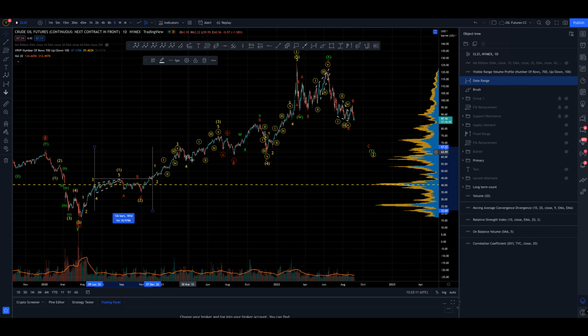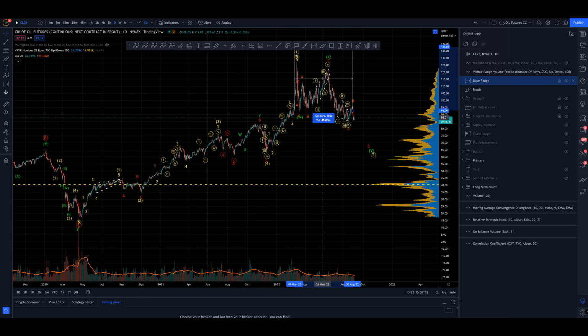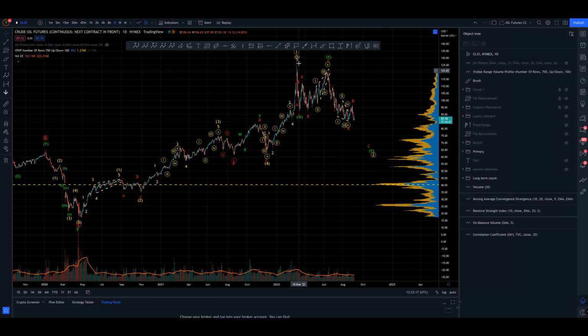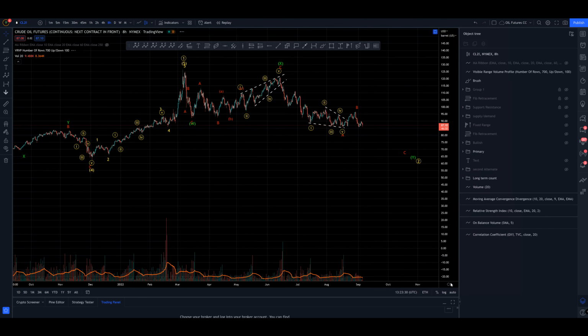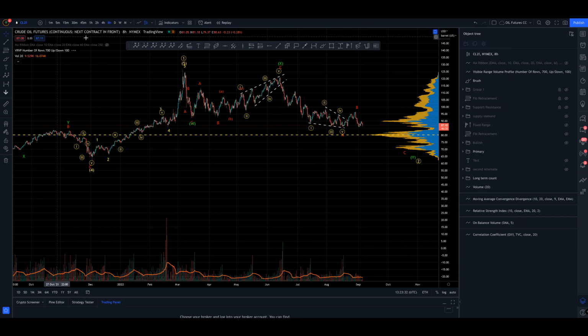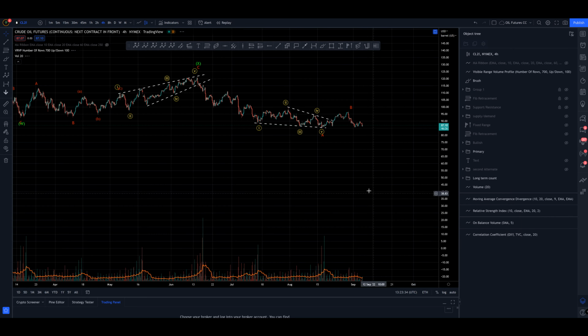And if we take any of these as individual corrections, potentially, this is much, much bigger. So my hunch that this is the completion of something larger up here rather than the extension of something that's already occurred, I feel that's a better fit. Okay, that this is a bigger correction and we're not done yet. So on that note, let's come into the 8 hour. Actually, come into the 4 hour for a minute and we'll have a look at how I've interpreted this.